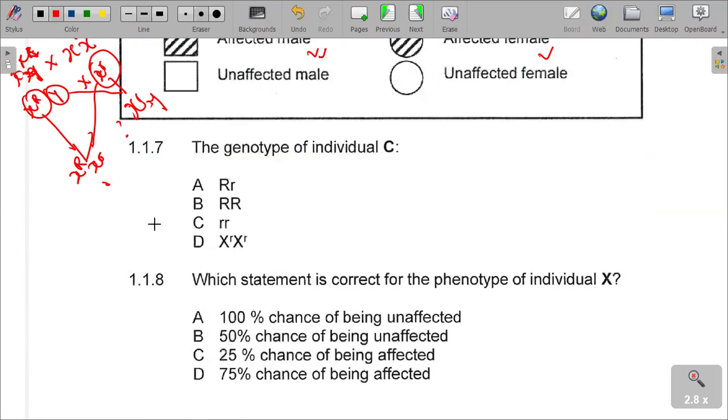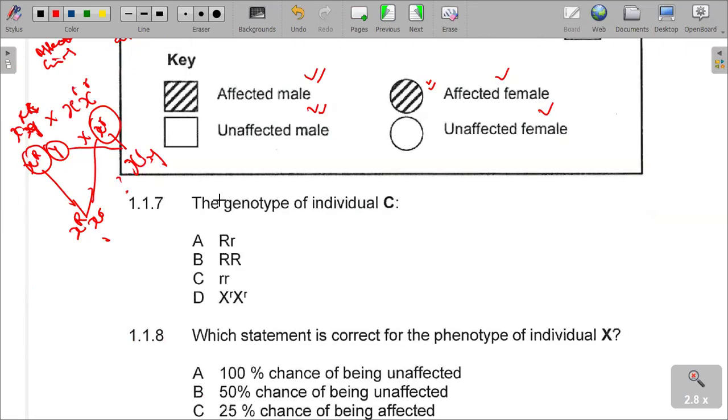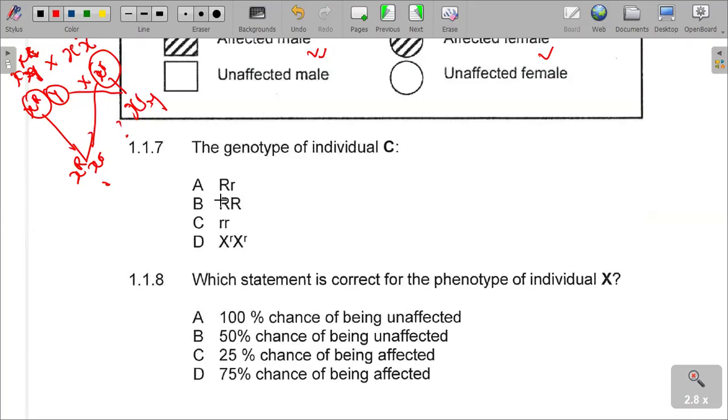So the answer should say that the genotype of C must be unaffected. Then the genotype of C must be a carrier woman, which is supposed to be option A.